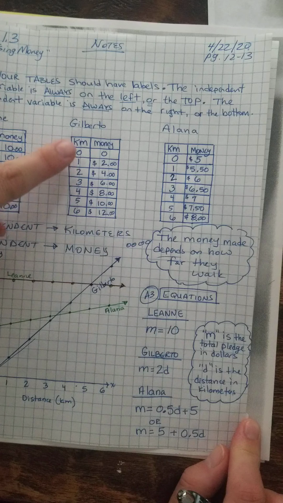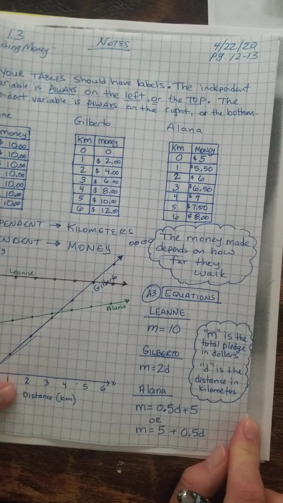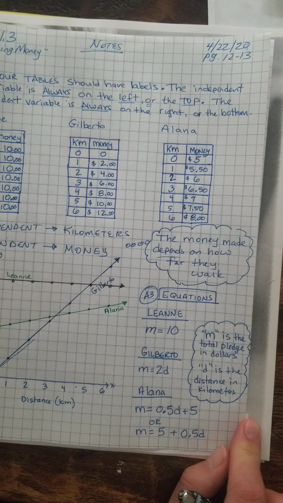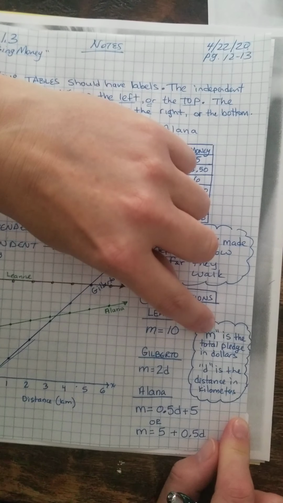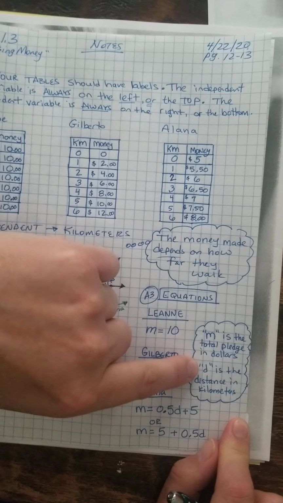The 2 variables always come from whatever's on the x-axis and what's on the y-axis. So you should be thinking to yourself, okay, what letter am I going to use to represent the money? And what letter am I going to use to represent the kilometers or the distance? So I chose M to represent the money and D to represent the distance.